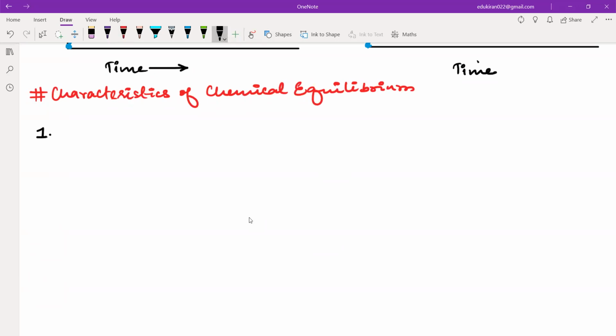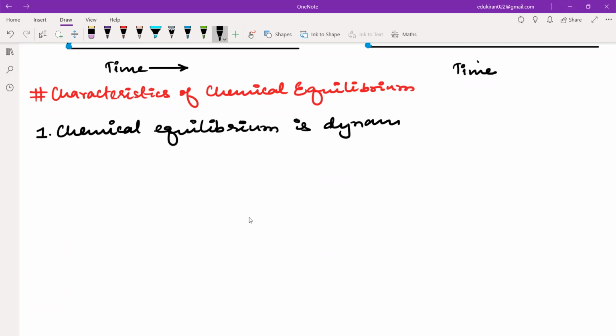Number one, chemical equilibrium is dynamic in nature.